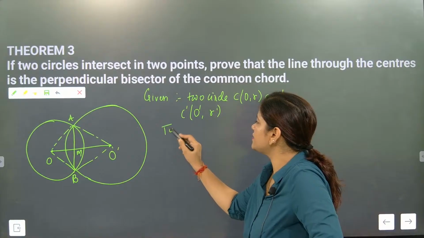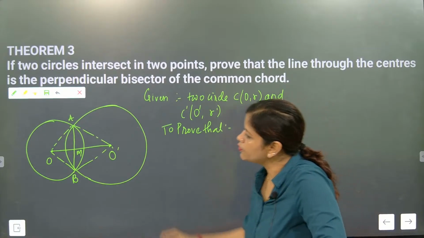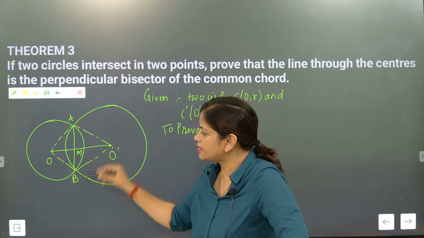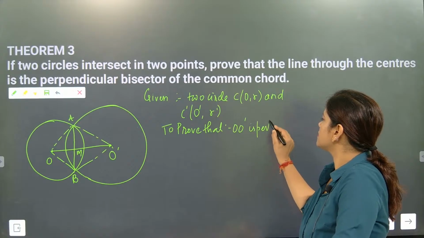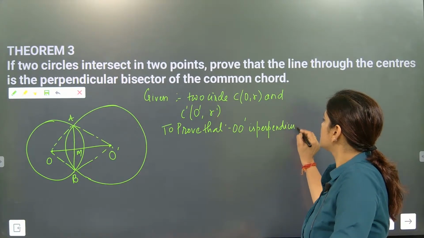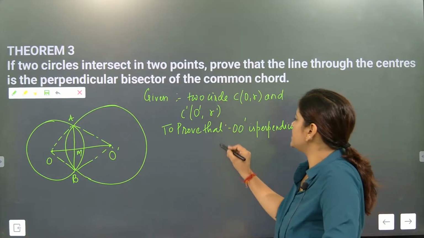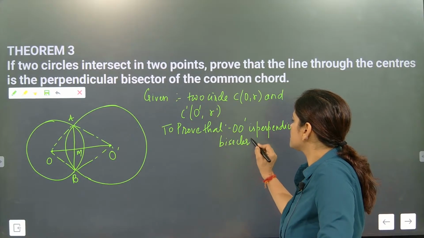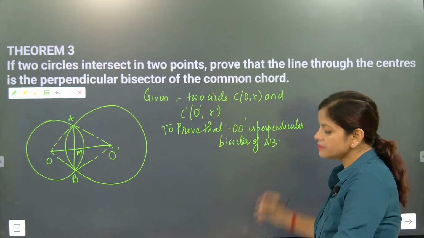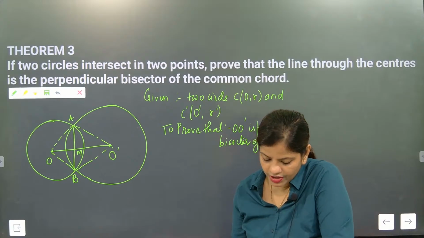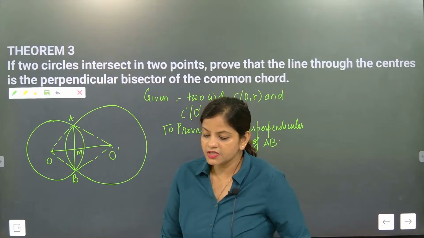Now we need to prove that OO dash is the perpendicular bisector of AB. This is what we need to prove.